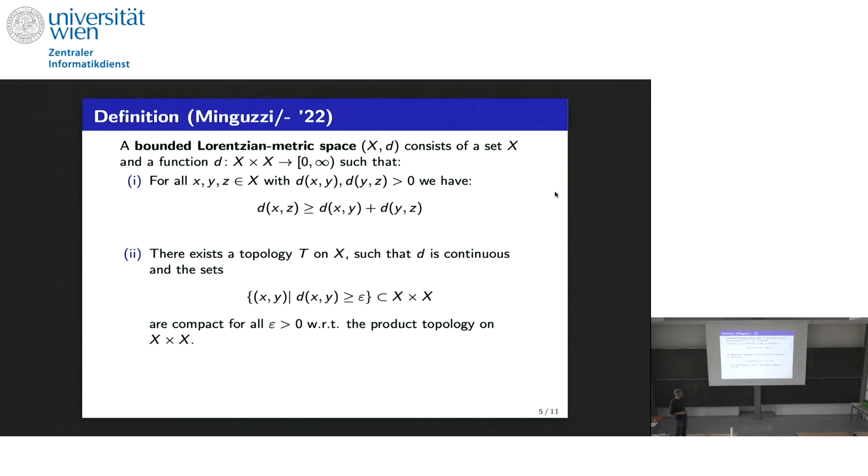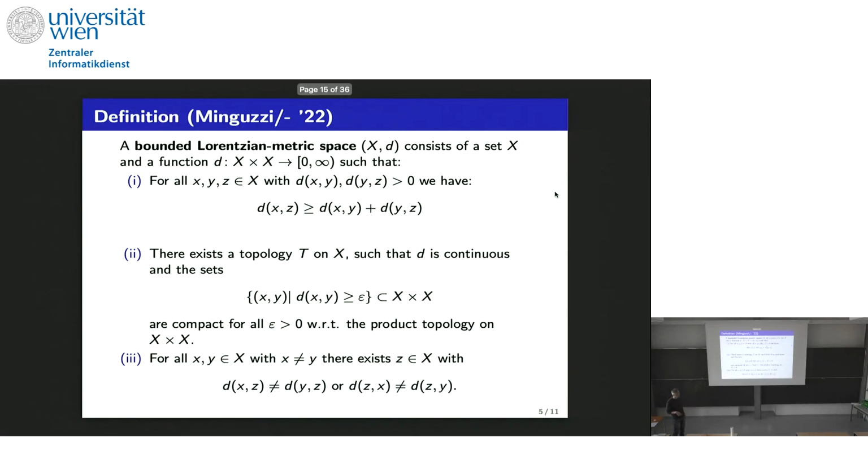And this is what came out with its topology. So we assume that there exists a topology on X such that the time separation is continuous with respect to the product topology. And the sets which are at least epsilon separated in our bounded Lorentzian metric space should be compact for every epsilon. I will give an example in a minute to show how this works.